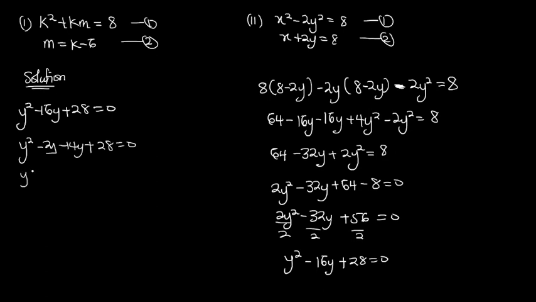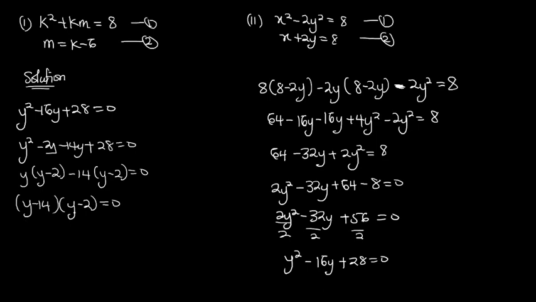So I have y outside bracket, y minus 2. Then between 14y and 28, I can see that 14 is common, so I have minus 14 into bracket y minus 2 is equal to 0. So from here I have y minus 14 as one of my factors, then I have y minus 2 also as another factor.